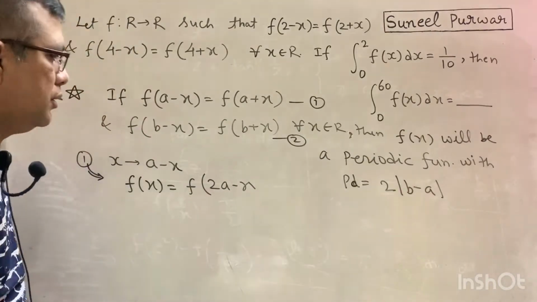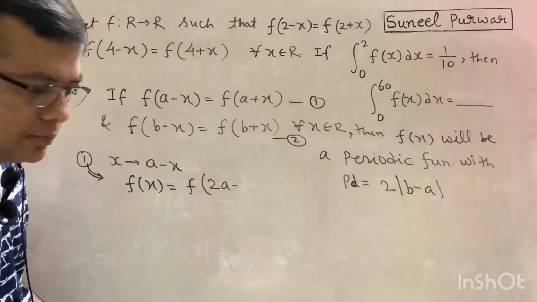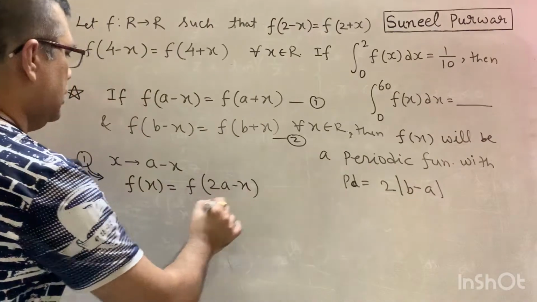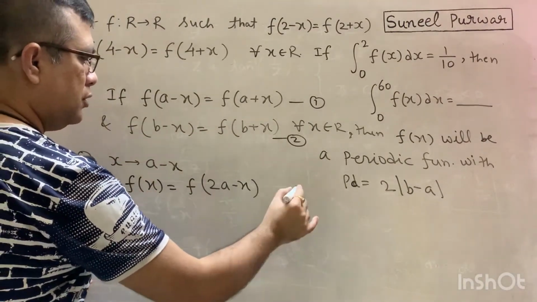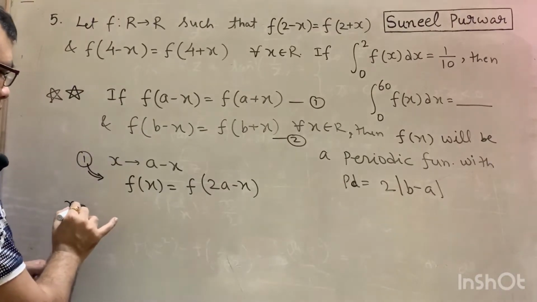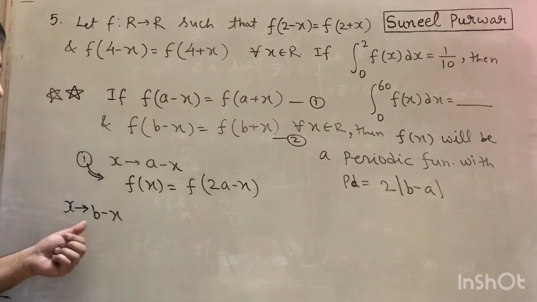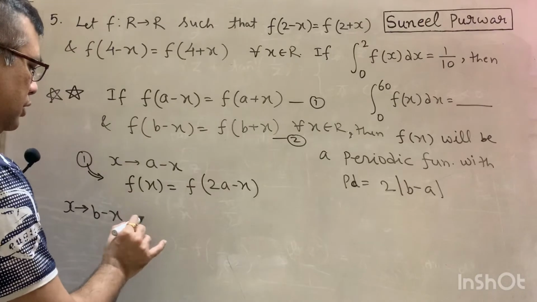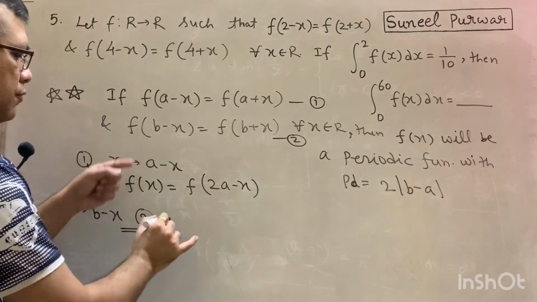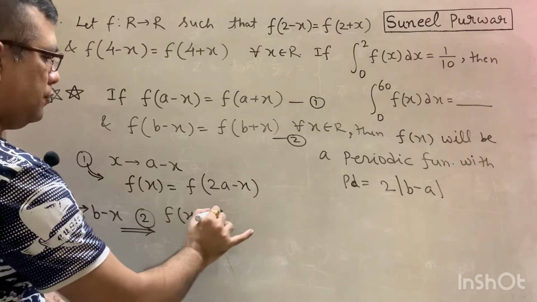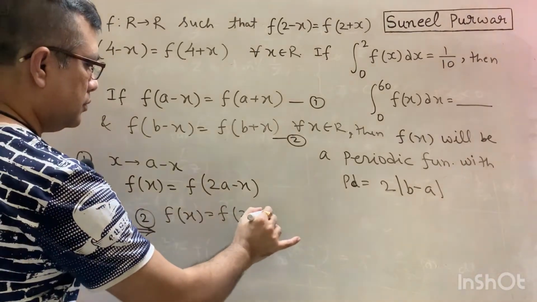If you do a similar thing in the second relation, replacing x by b minus x, you get f of x is equal to f of 2b minus x.